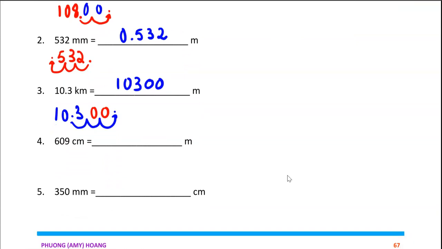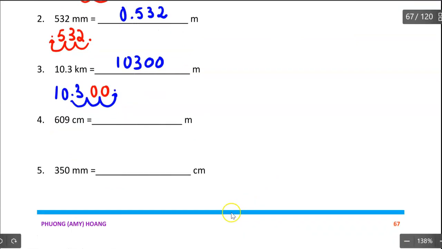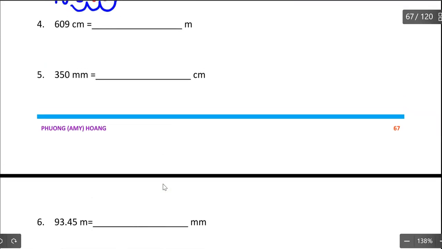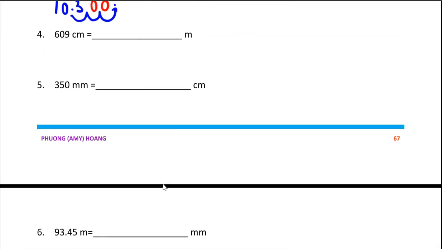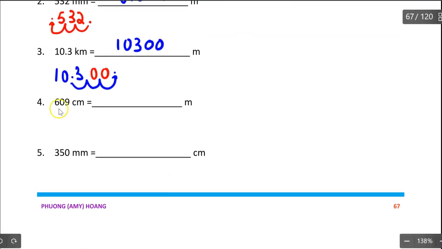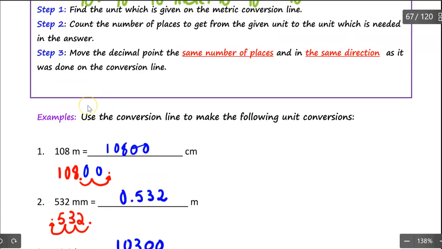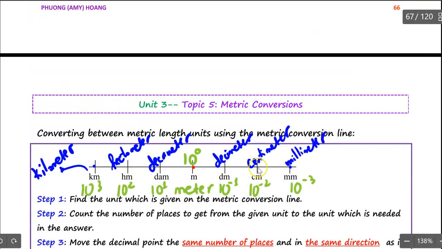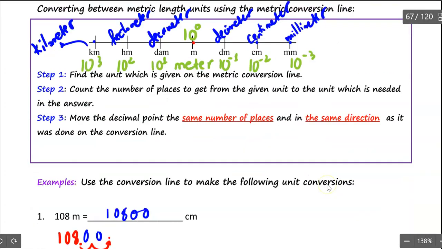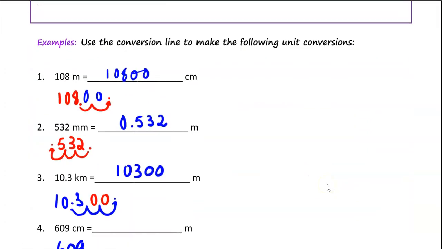Okay, so I'm going to continue on with many of these questions here. Okay, so we have 9 altogether. So for number 4, I have 609 centimeters. So I know that I don't have the decimal point. So I'm going to put the decimal point right after the number 9. So now centimeters is right here. Right, centimeter is right there. So I'm going to move to meter.